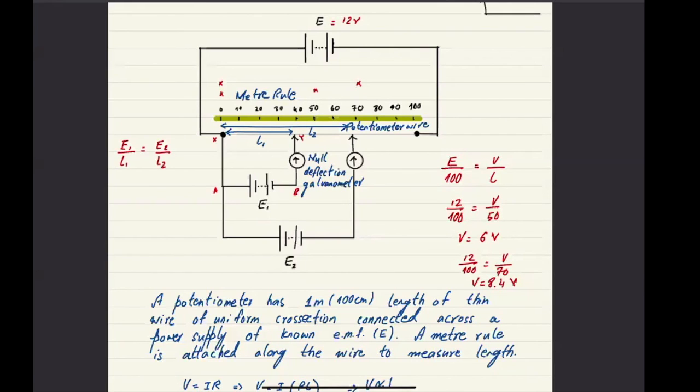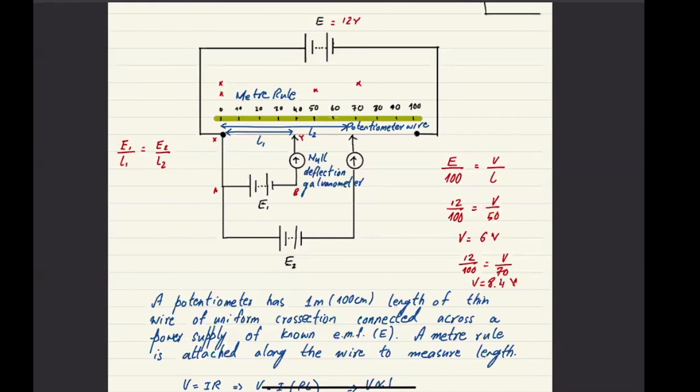I must be knowing one of the two EMFs. So if I know one EMF and I know the two points of zero deflection, I would be able to calculate the other unknown EMF. That's how I can determine the EMF of the battery.